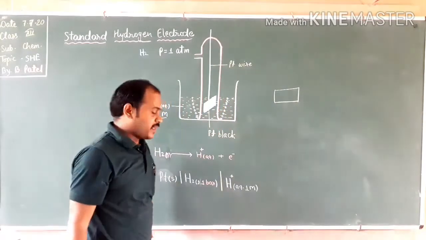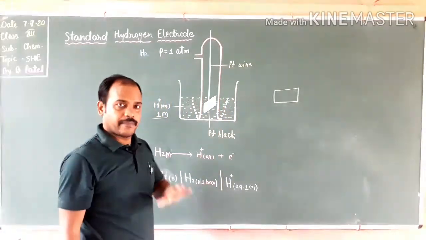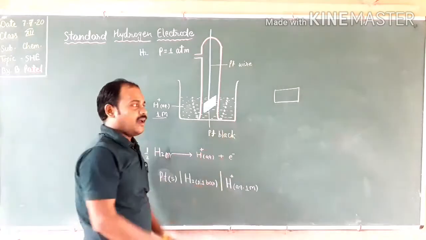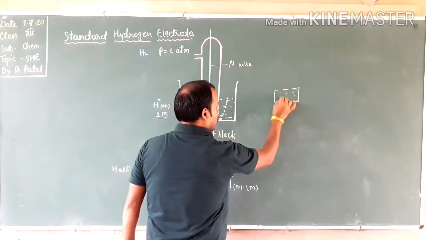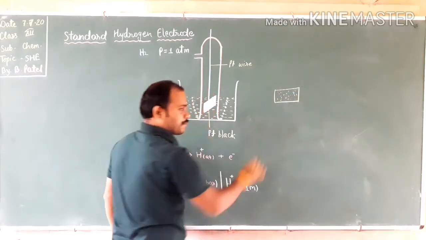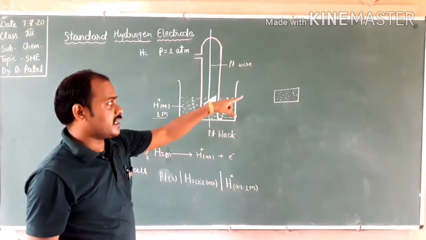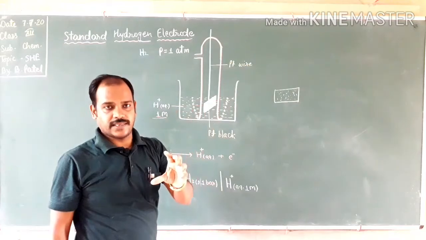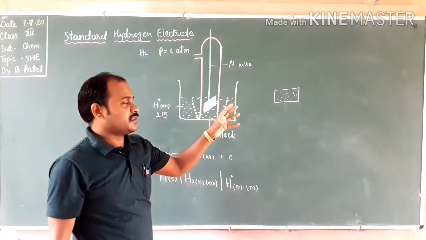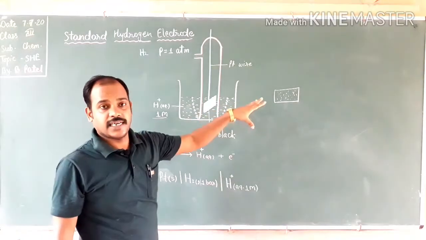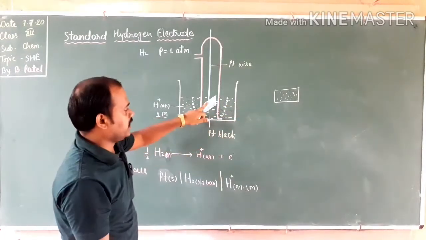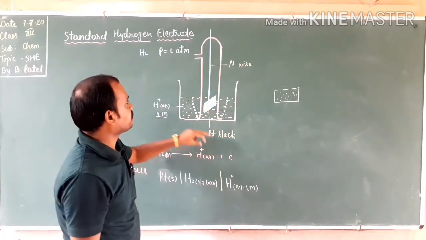It is a rectangular shaped platinum metal. On this metal, finely divided platinum is coated just like a paint. These particles give a rough surface, and if the surface is rough, the adsorption will be maximum. So this one is platinum black.